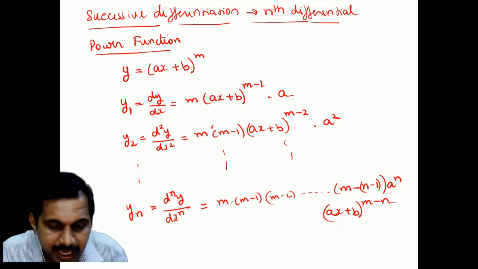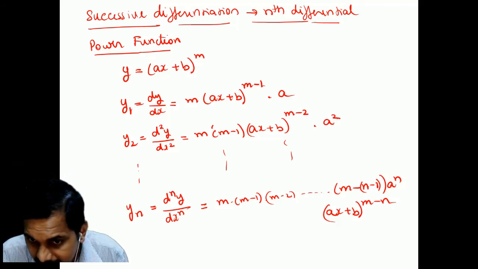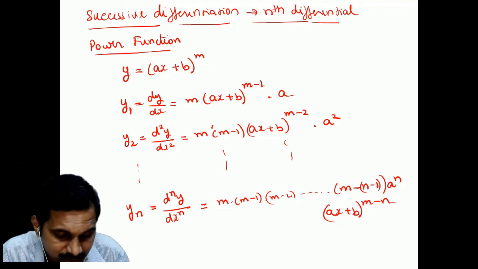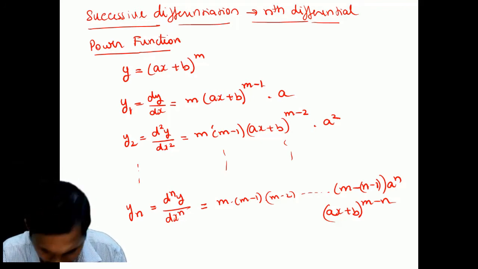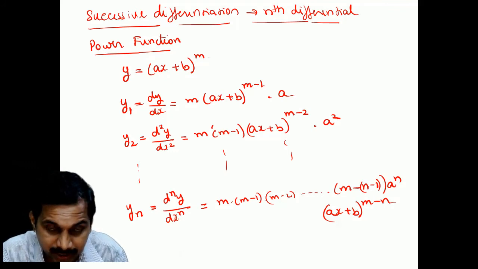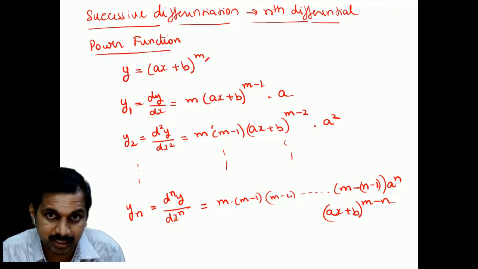Case 1 is that if a is a positive integer, what happens? Then what happens if a is a negative integer? Like that we will see. Not just a, m and n too: whether m and n are positive integers, what happens? If negative integers, what happens? Such kind of things we will see. So now case 1, let me write it again, students.